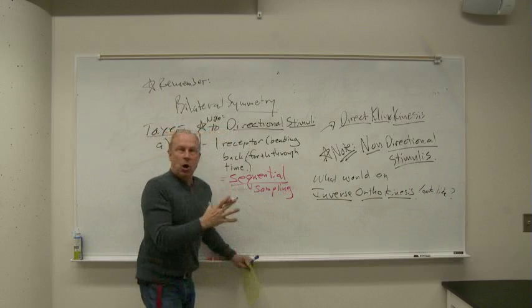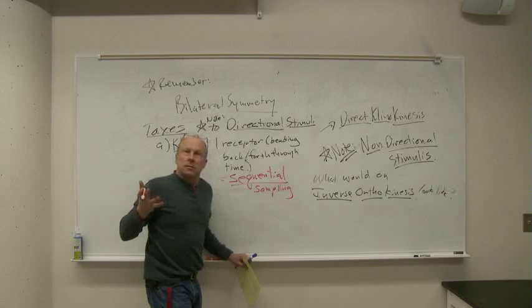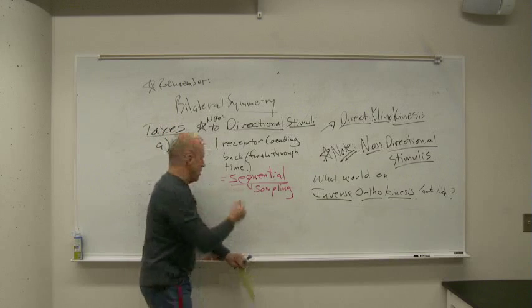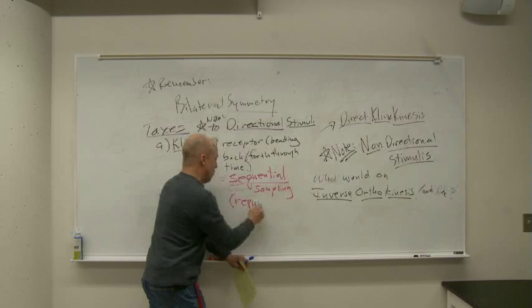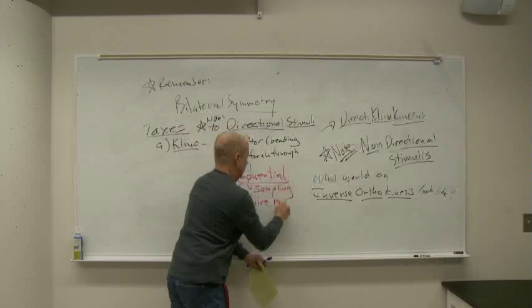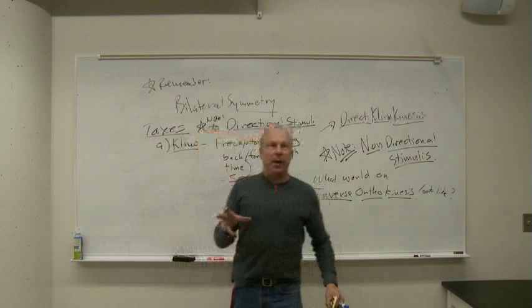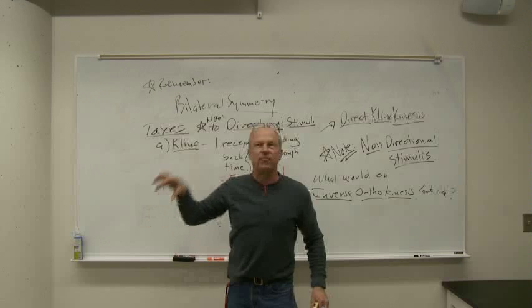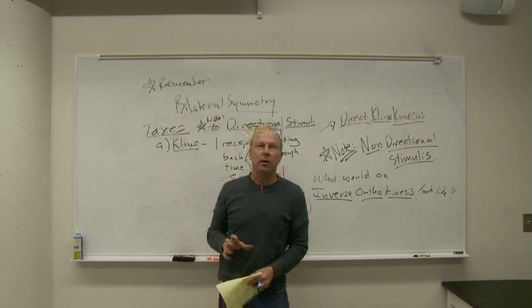And the other thing we want to know, if it is sequential, for comparisons, there has to be the ability to compare. So this is going to require at least some form of memory. In order to compare the second sample to the first, you're going to have to remember the first sample reading.